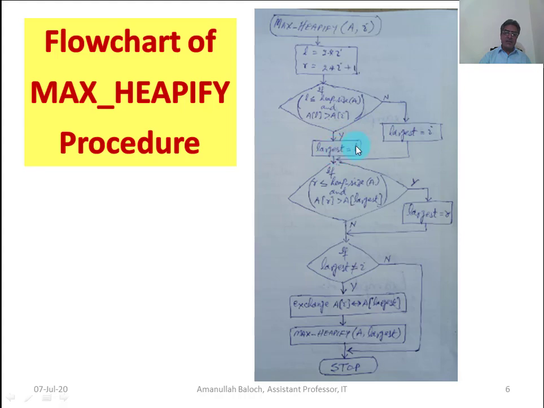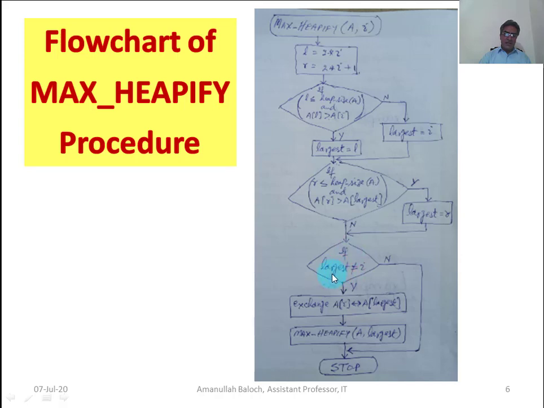Then the value of L, that is 6, will be assigned to largest, and then it will check R, because the value of R is 7 and 7 is not less than or equal to 6. That is why this condition will be false. The computer will go along the flow line representing the else.